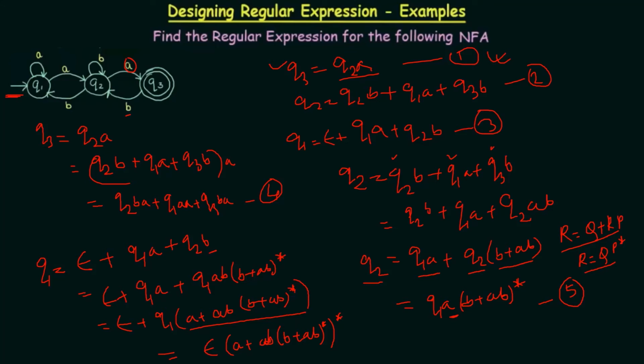Also in the identities we have studied that if there is an epsilon multiplied with a regular expression, it is going to produce the regular expression. So remember that if R into epsilon is there, that is basically an R or R star, whatever you want to say.